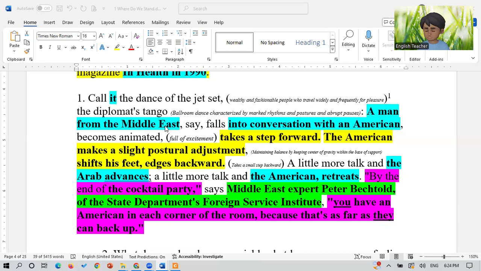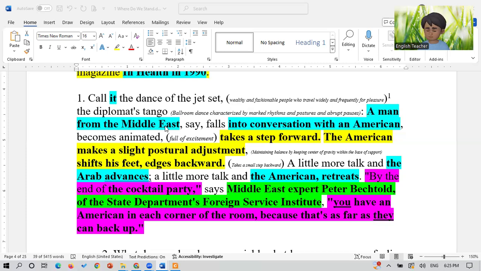Second thing to keep in mind is that a writer writes something in a paragraph, he says something in a paragraph, and at the same time, he does something in the paragraph.